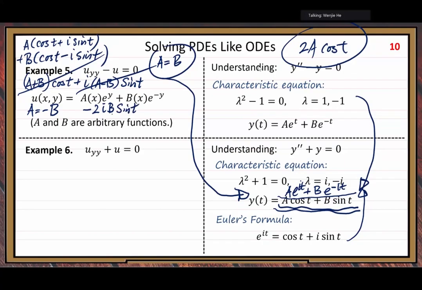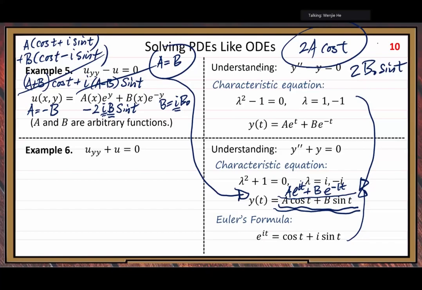In this B, can I make B contain another i? B equals i B0. Can I assume that? Because B is an arbitrary constant. Now I take B equals i times B0. So I have i here, another i, i times i is negative 1. So I have 2 B0 sine t. Another solution.